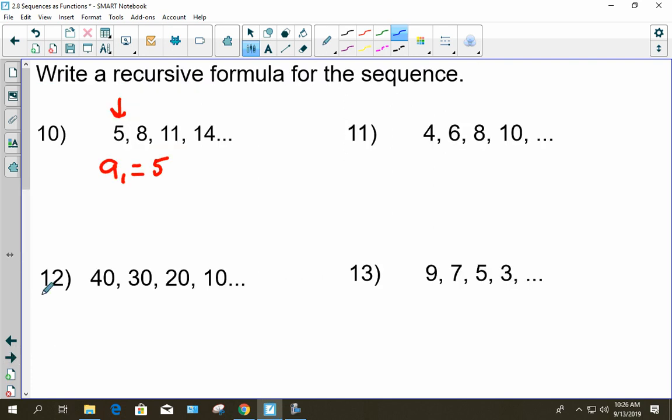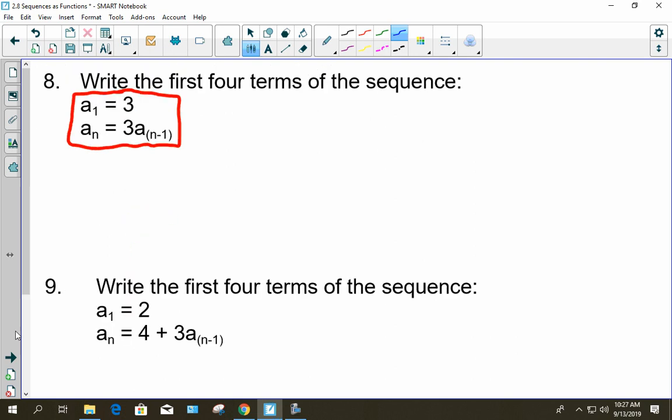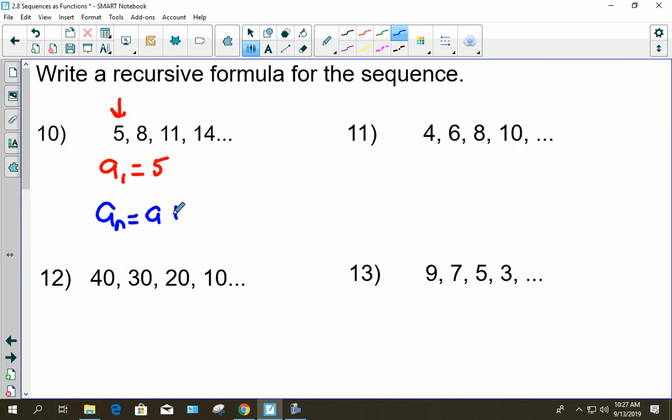I don't care if you put A of n, but I'm going to put it. A of n equals, and what am I doing to the 5? I'm adding 3. So I don't write 5 here. I go A, and then I should write this little extra notation right here, but I'm not going to look for that on the test. So all you really need to write is A plus 3, because that's what's happening, right?